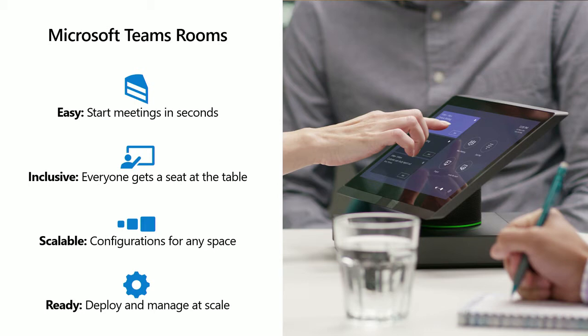They are devices that exist on a table in a shared space, and people sometimes do bad things. People unplug cables that they're not supposed to, and hardware does fail. So we want to make sure that IT is aware of that, able to deploy somebody quickly to the room, repair anything that's gone wrong, and make sure the meeting is available, or the device is available for the next meeting.